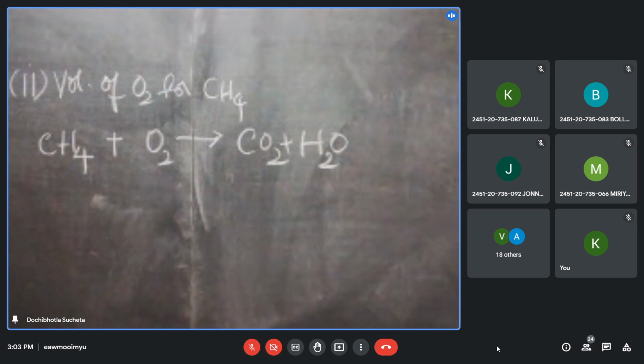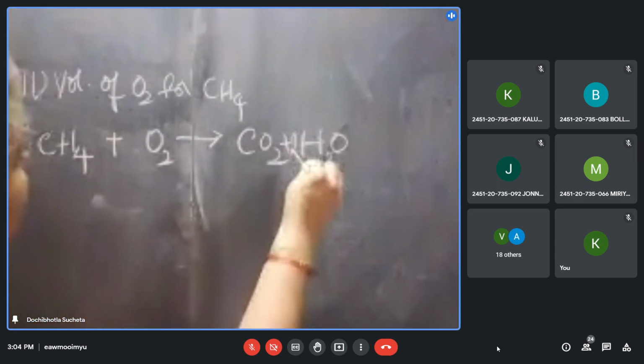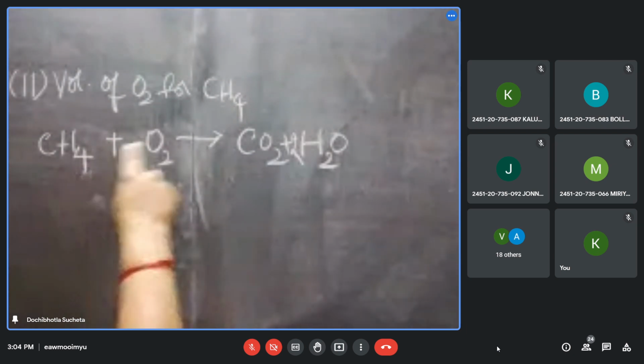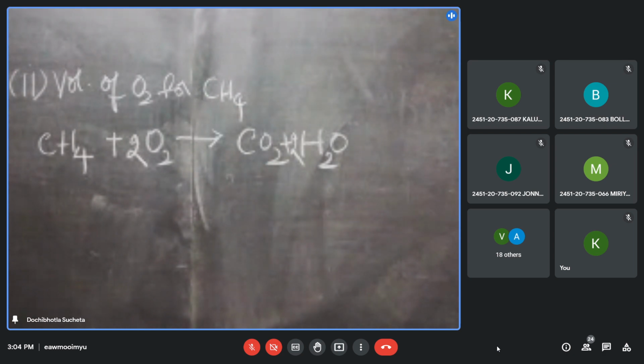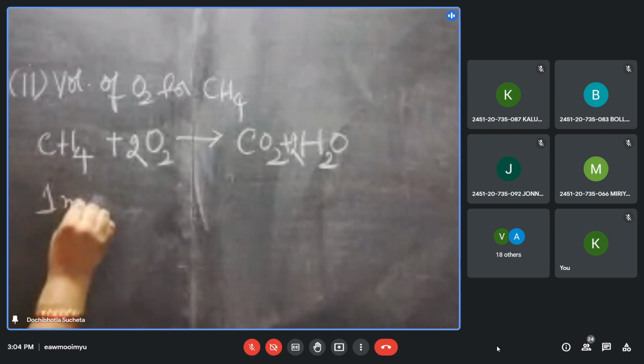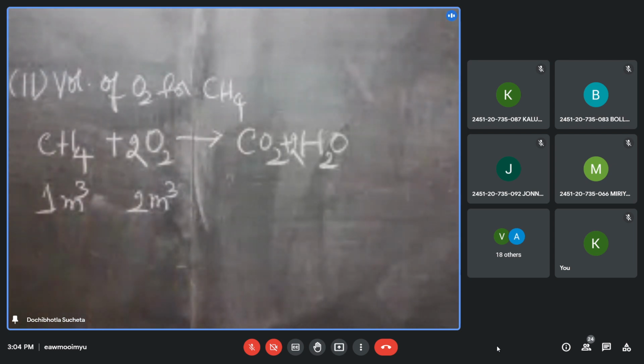But the equation is not balanced. Balance the equation first, for stoichiometry. Carbon 1, hydrogen 4, so 2 here; oxygens, 4. For knowing the stoichiometry, we have balanced. Now what we can get from this? 1 meter cube of methane requires 2 meter cubes of oxygen.